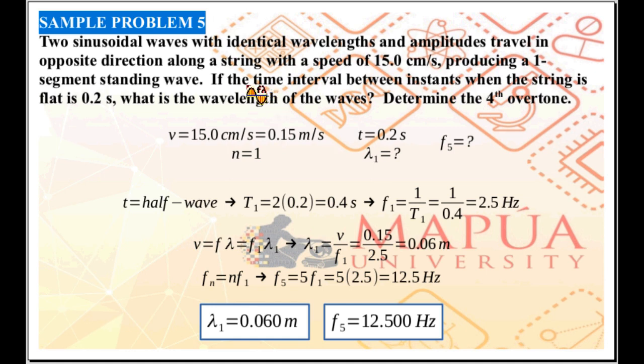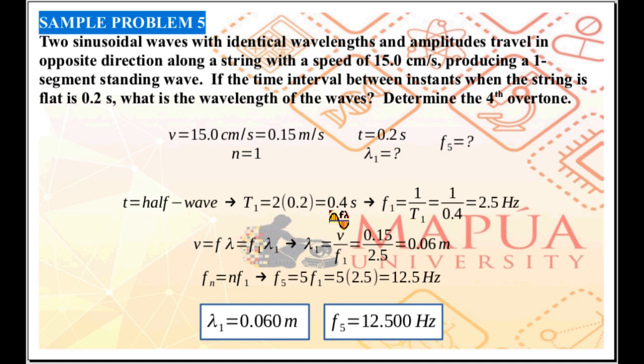Now, the time given, time interval between instants when the string is flat, is basically the time for half a wave, which means the period, which is the time for one wave, is just twice the given time. So T1, because n is equal to 1, the period for the standing wave with one segment, T1, is equal to twice the time provided, 2 times 0.2 seconds.